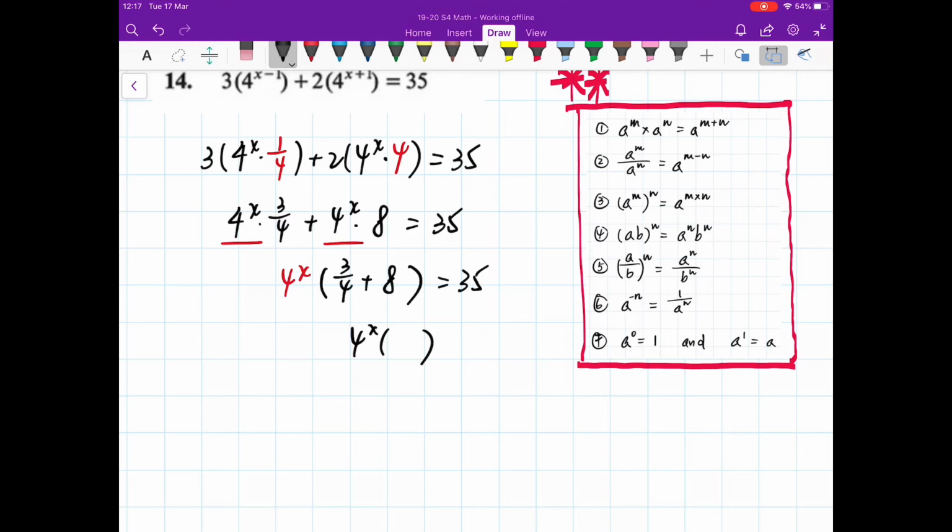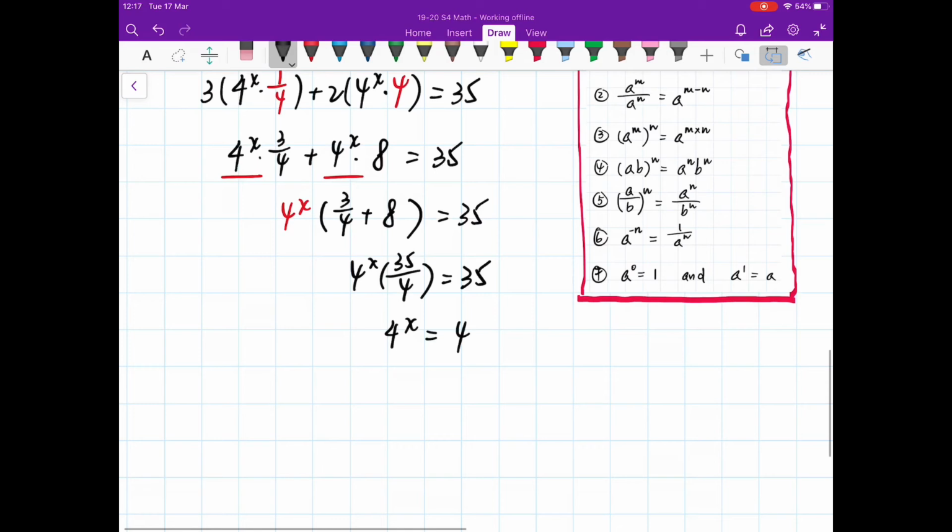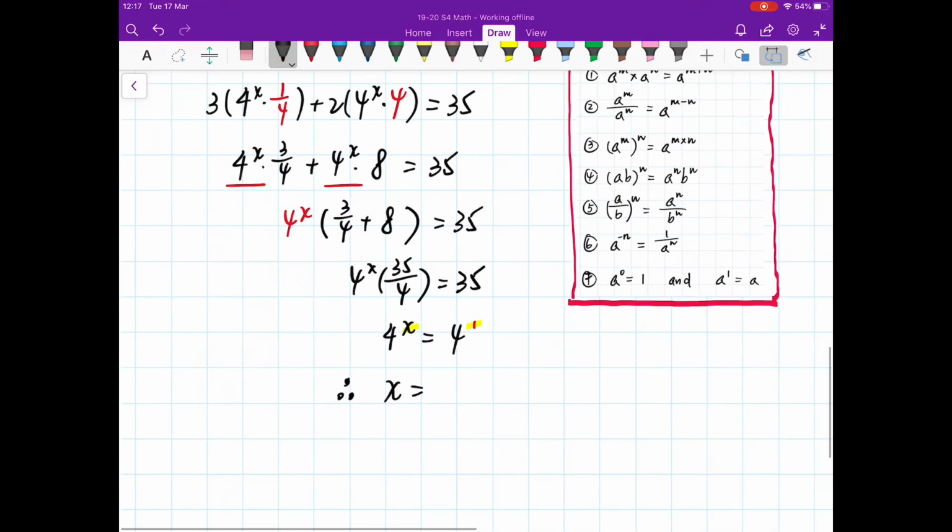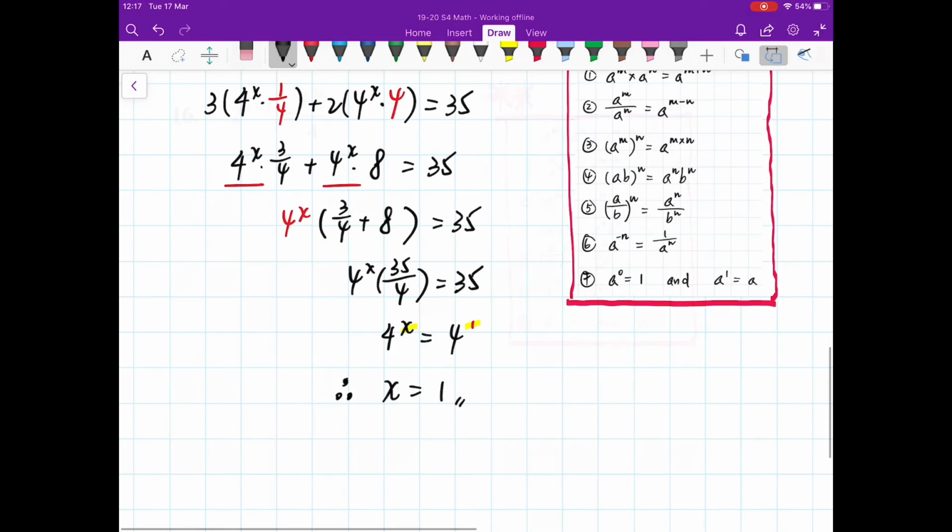Then we just simply calculate the number in the bracket, that is 35 over 4. And finally, we know that 4 to the power x equals to 4. Then again, by comparing the index, we can get the answer x is equals to 1.